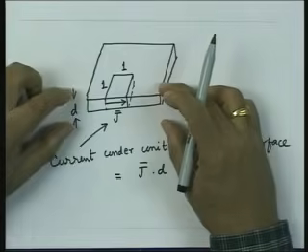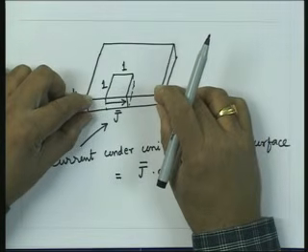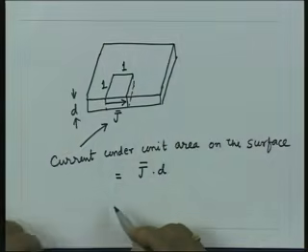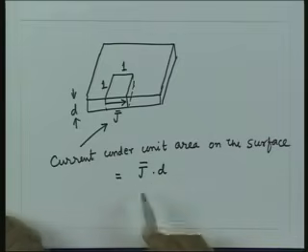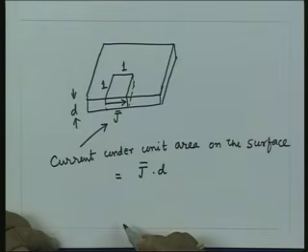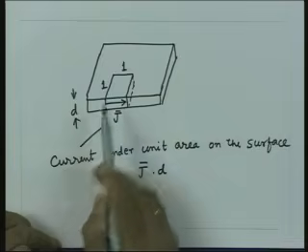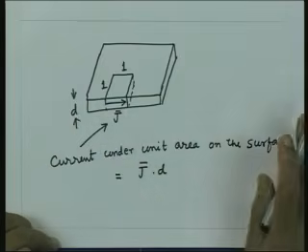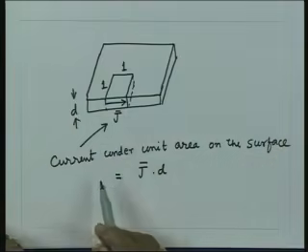Now, again if we make this d tending to 0, and if J goes to infinity, then again this product J into d will be a finite quantity. So, you will have a current which is truly flowing on the surface, and that current we call as the surface current.